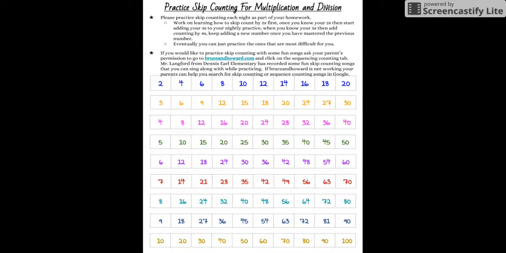One way to do that, and a resource we use in class, is some sequence counting songs by a teacher in the district. He has recorded some sequence counting songs that he uses with his students, and he has shared them with the other teachers in the district.